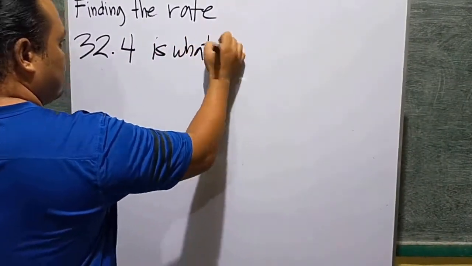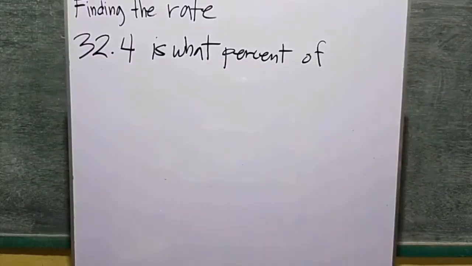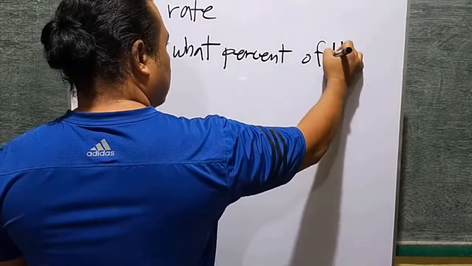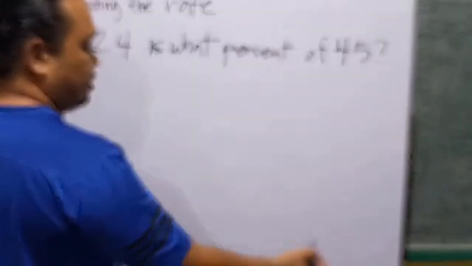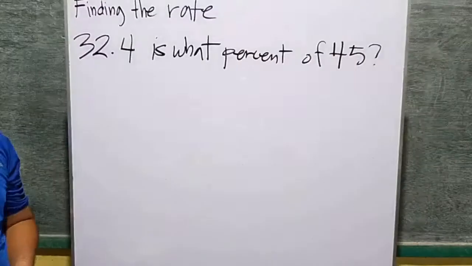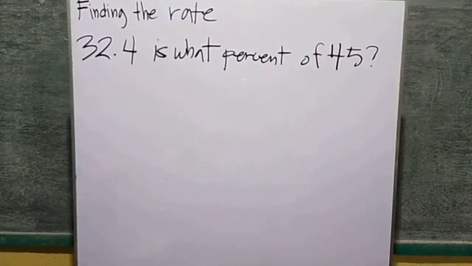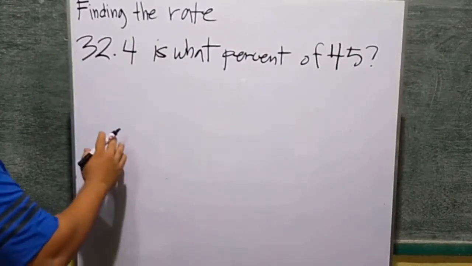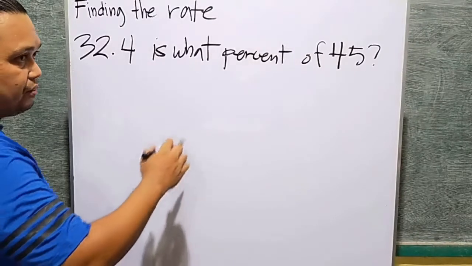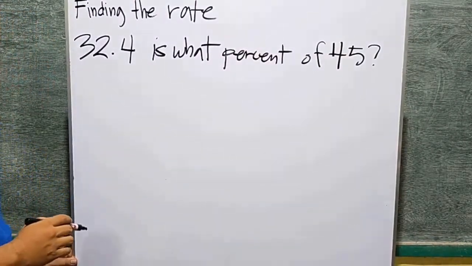32.4 is what percent of 45? Now, 45 here is our base, while 32.4 is our percentage, and we are looking for the rate. The same process, just divide the percentage by its base, or divide the base from its percentage.